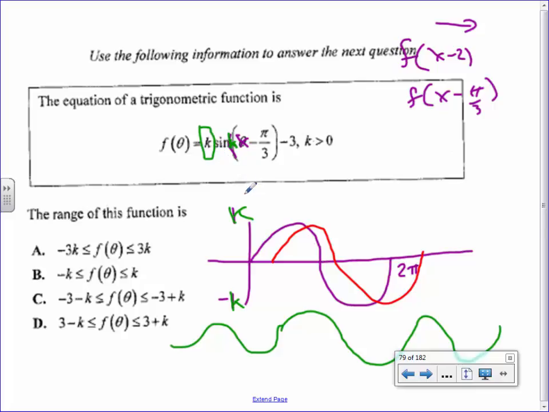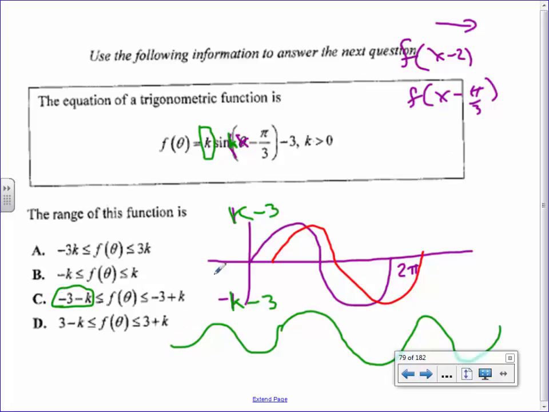But don't forget, then we made the whole thing go down 3. So this is going to go down 3, and this is going to go down 3 more. So the lowest value we're going to have is -k minus 3, which is written in a different order right here. Here is -k and -3.